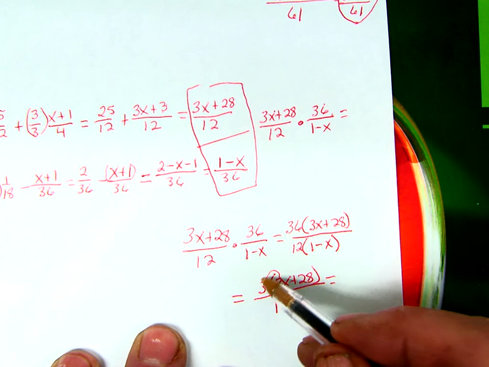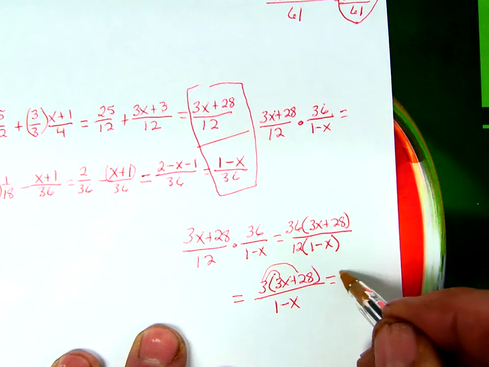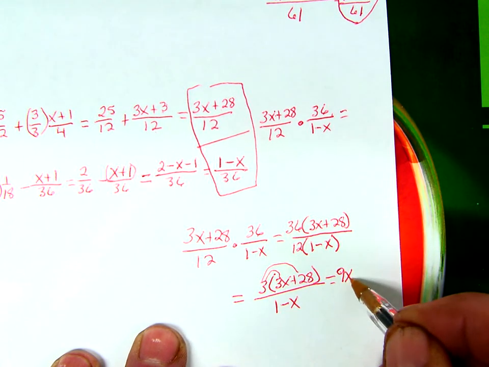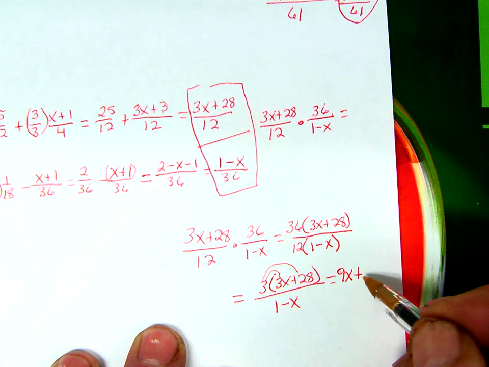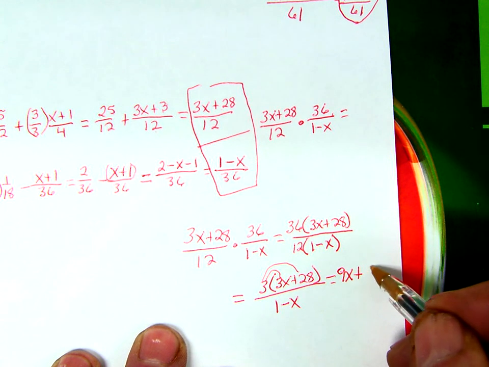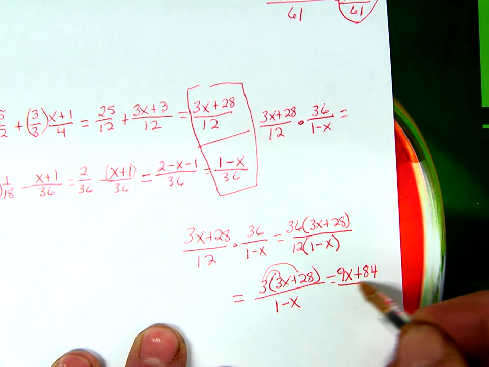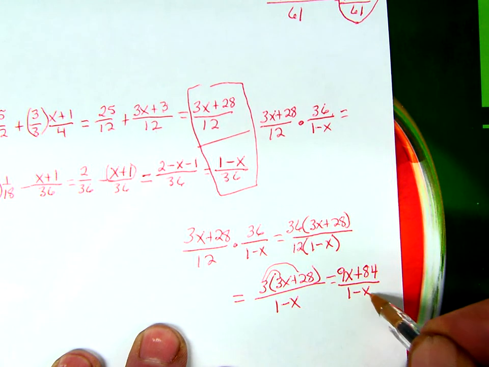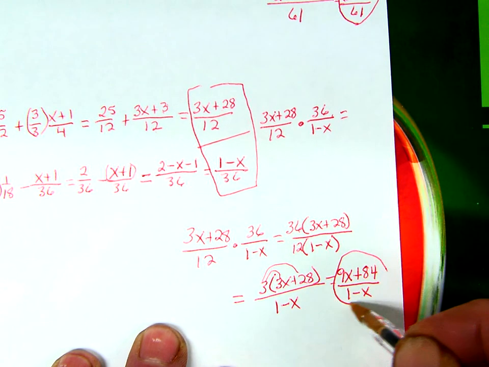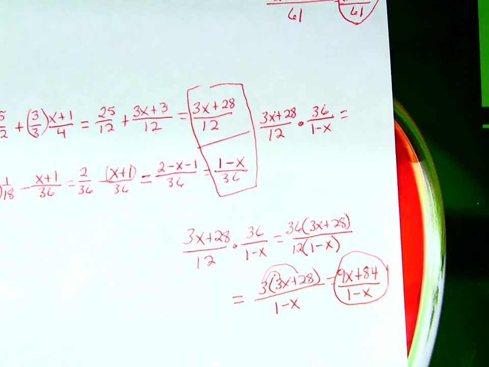With the distributive property, 9x plus, let's see, I believe that's 84 over 1 minus x. That is the answer. Bada boom, bada bing, we're done.